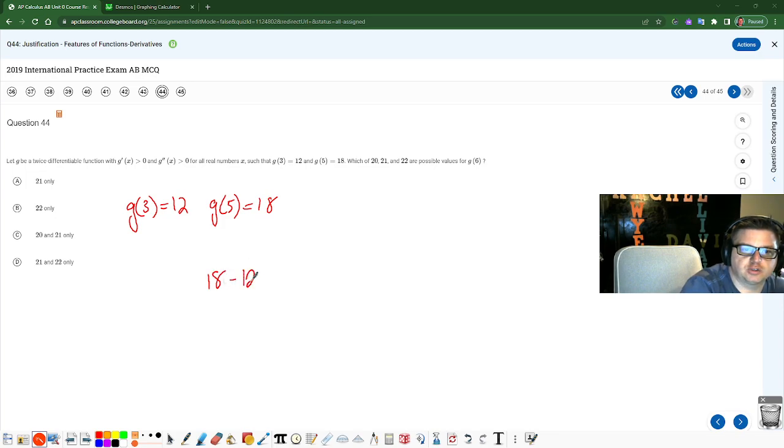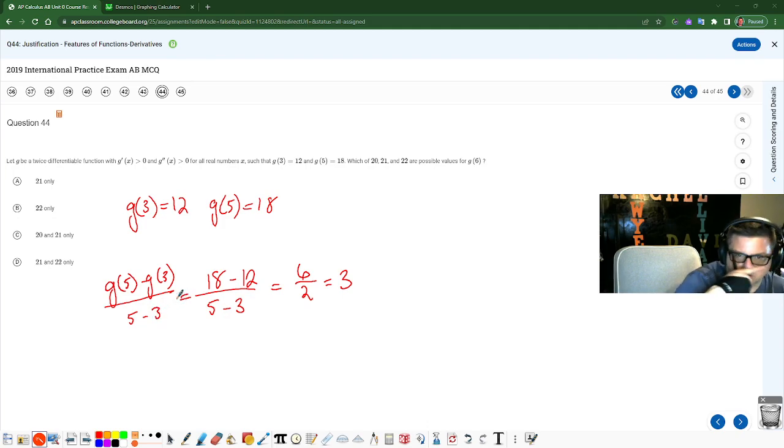We did 18 minus 12 and we did 5 take away 3. And when we did that, we got 6 over 2, which is 3. So when we do g of 5 minus g of 3 over 5 take away 3, that's just our slope, right?